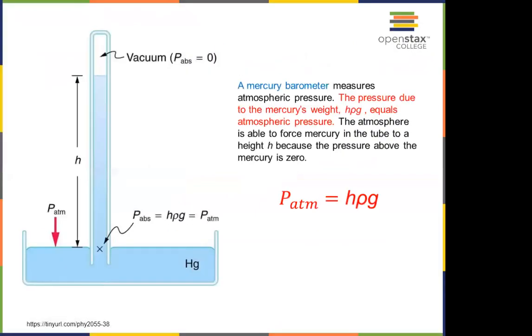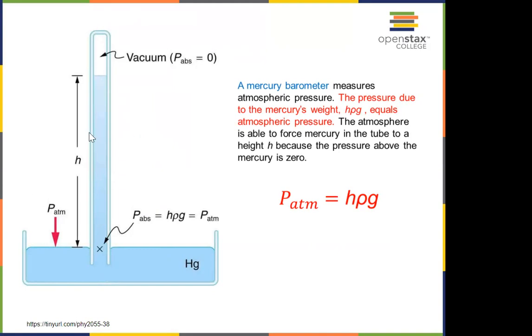In chemistry, the pressure is often represented by the height of the mercury. This is the very early version of the barometer, the mercury barometer. In order to measure the atmospheric pressure, you fill this tube.